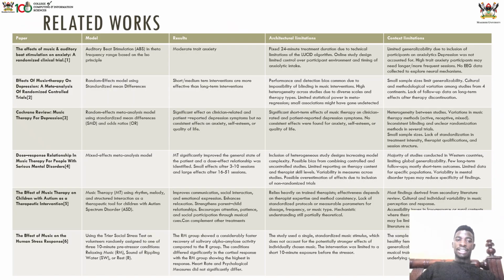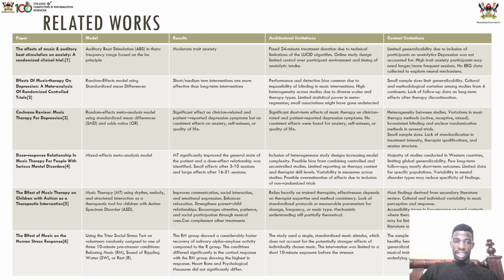And we have related works, the papers we read, and also the works of other people we looked at. These papers were many. We looked at 6 papers, and because I don't have a lot of time, I'm going to just talk about a few. First, we have the effects of music and auditory beat stimulation on anxiety.